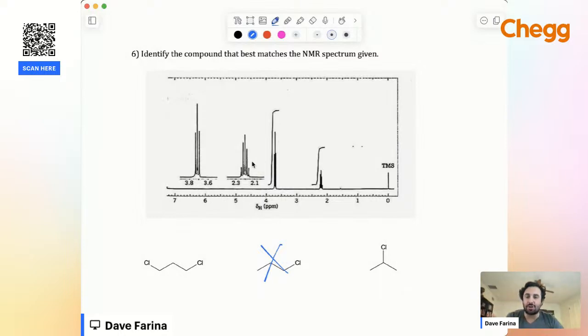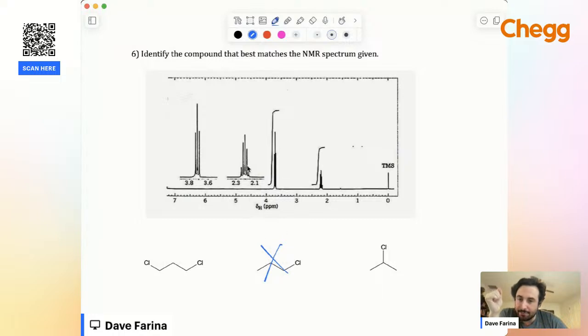And integration is actually area under the curve. It's not height. It's literally the area under the resonance. So the broader it gets, the more area there is under there, which can be misleading. It's not just peak height. You can't just look at that and determine integration. You actually assign it on the computer. The computer does it for you. You highlight it, and it gives you the relative integrations based on pixels.